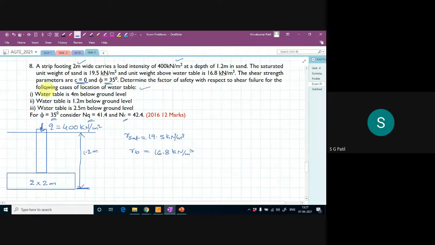The shear strength parameters are C equal to 0 and phi equal to 35 degrees. For this phi value they gave NQ, sorry, not NC, this is NQ, 41.4, and N gamma 42.4.